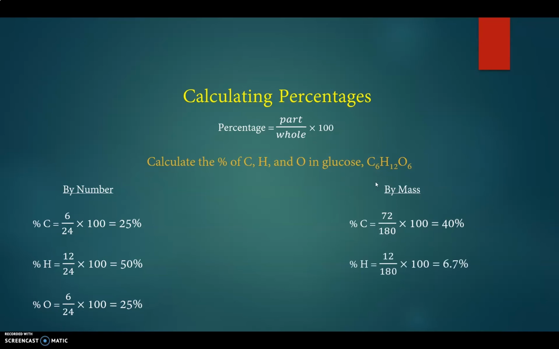Same thing with hydrogen. 12 grams of hydrogen out of 180 is 6.7%. And for oxygen, 6 moles at 16 grams per mole is 96 grams of oxygen, so it's 53.3%. So based on the mass of the elements, oxygen is the most abundant, and hydrogen is actually the least abundant.